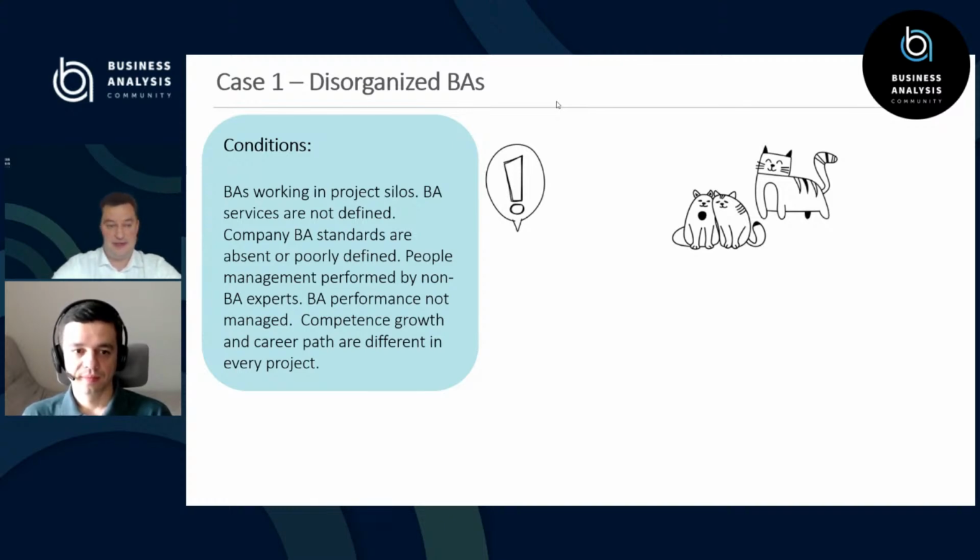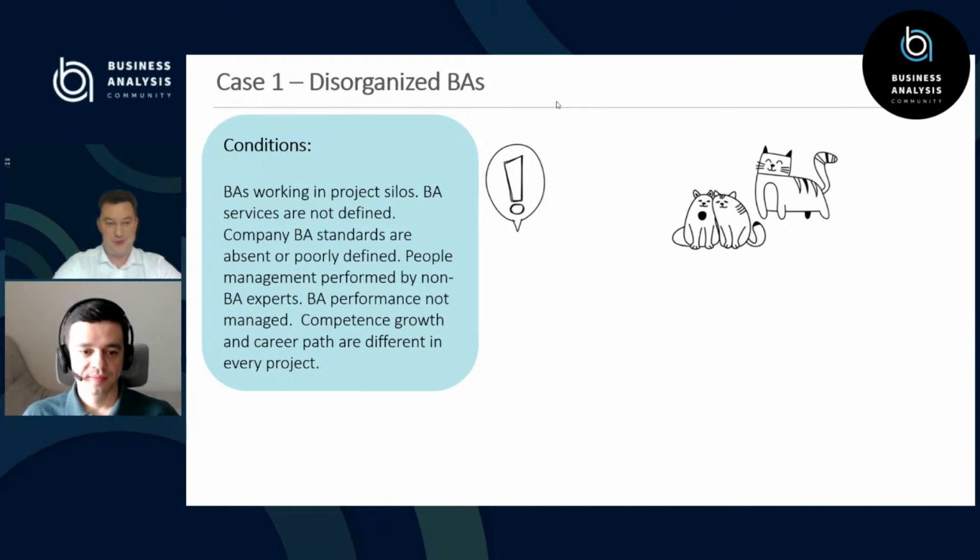Company BA standards are absent or poorly defined, or have some major gaps. People management is performed by non-experts. BA performance is not managed. Competence growth and career paths are different in every project. Oh my God, what are we going to do with that?